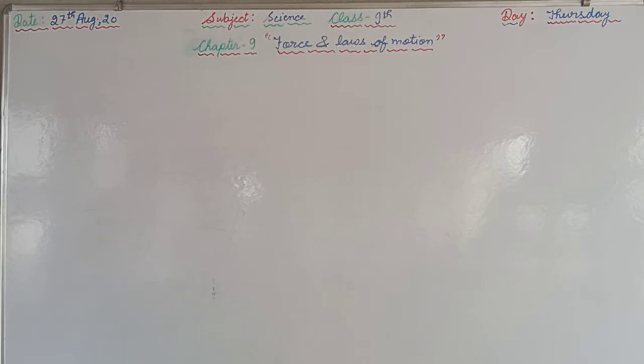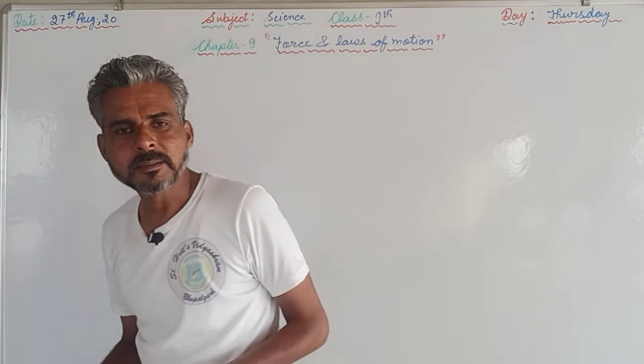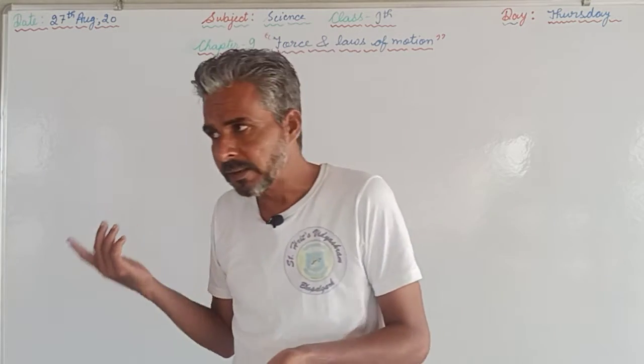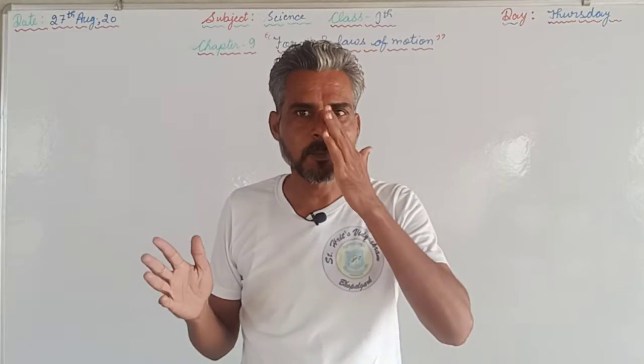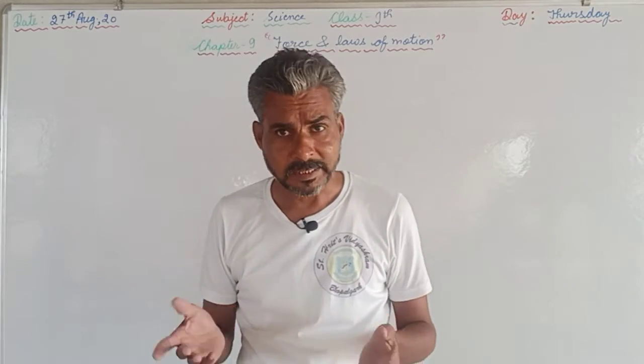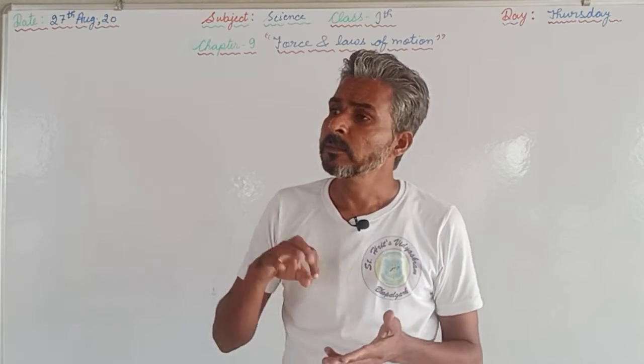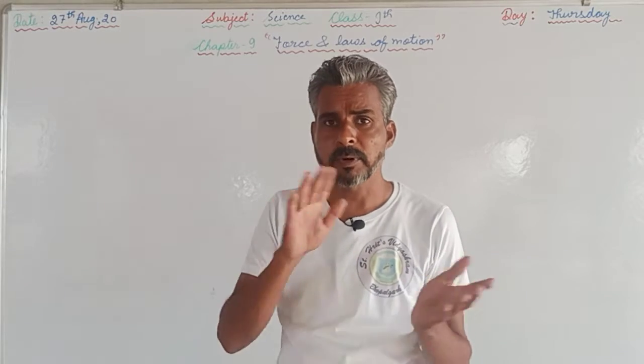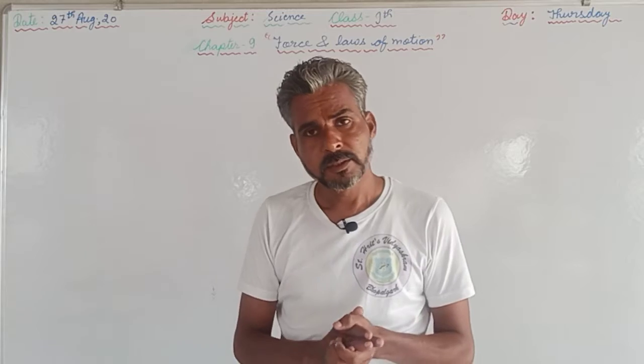So question number 9 is what is the momentum of an object, and the options are given. So already you know the definition of momentum. The amount of motion contained in an object is called momentum, or the second definition is the product of mass and velocity is called momentum.